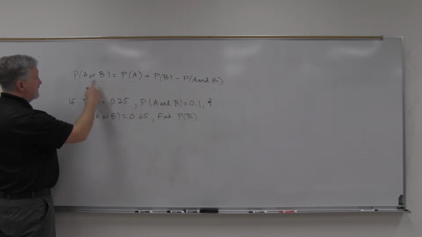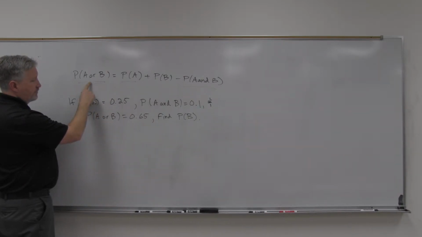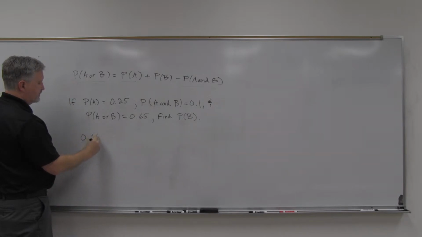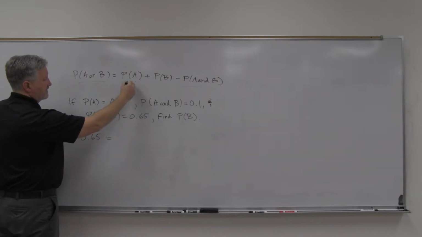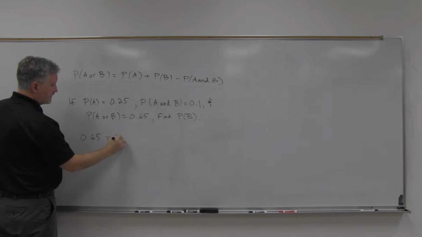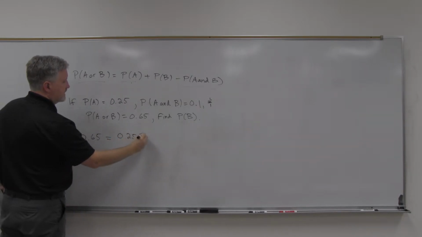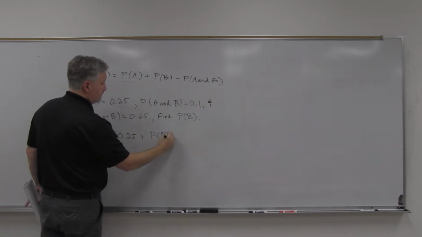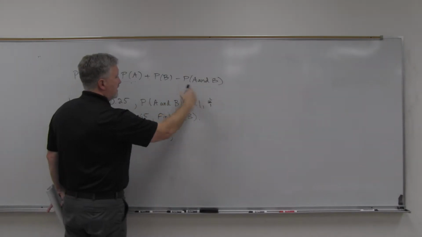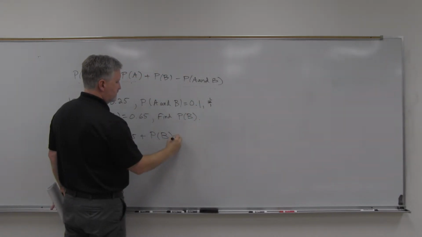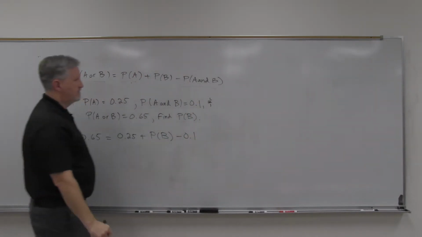A or B, we've got 0.65. Probability of A is 0.25. Probability of B, that's what we're seeking. And the probability of A and B is minus 0.1.